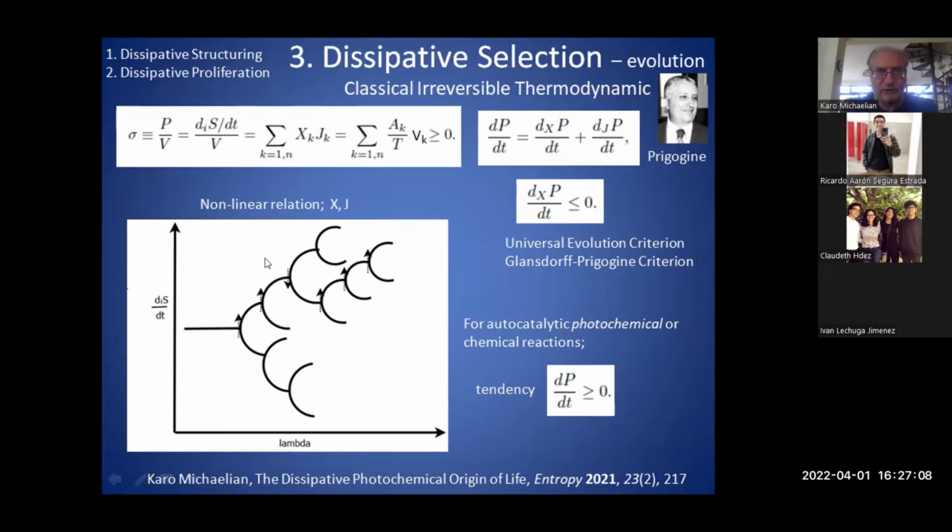This is the case for nonlinear relations between X and J, where we have more than one solution. But in the case of a linear relation between X and J, then this criterion gives rise also to the fact that this has to be less than or equal to 0, because in fact these two components are equal to each other. You'll see that in the book of Prigogine. It shows that these two parts are equal to each other.